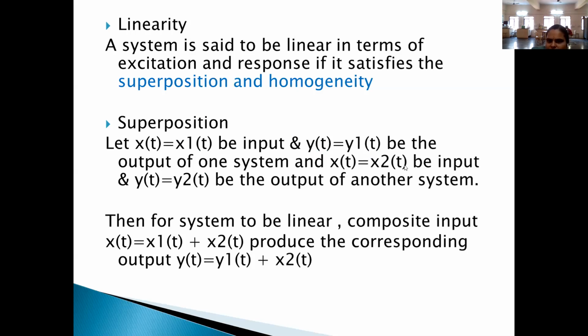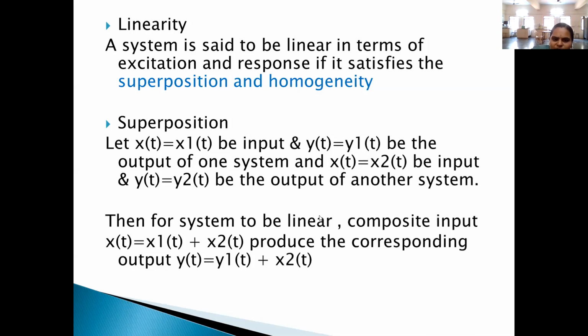Then another system with input x of t equals x2 of t and output y of t equals y2 of t.